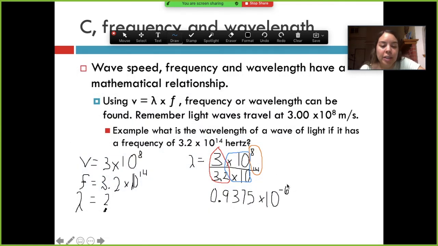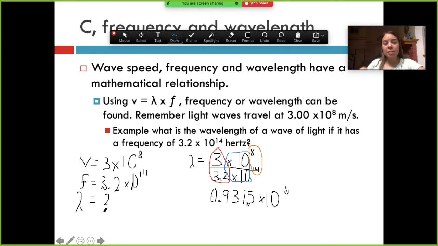This exponent is just going to tell you how many times you should move the decimal point. The negative sign tells you you should move it to the left side. So if you move this little dot to the left 6 times, you're going to get the actual number. If it was positive, it would be to the right hand side.